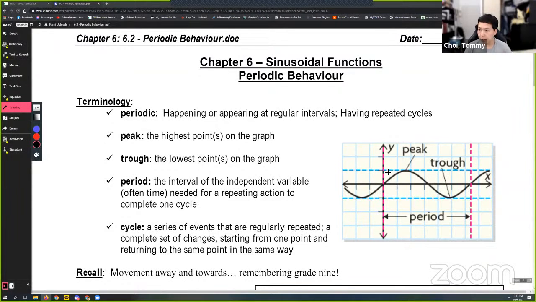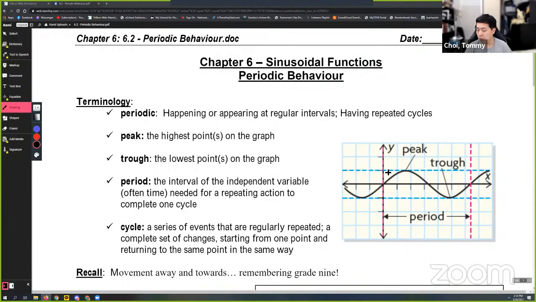And then the period is how long it takes for that repeating section to happen. So for example, if this pen here was going from left to right and then back to left as one cycle, then how long did it take to complete that one cycle? Or if I were to put it in zoomer terms, if you were to record a boomerang on Instagram, how long it takes for the boomerang to repeat is one period.